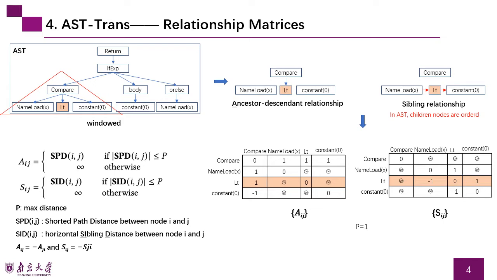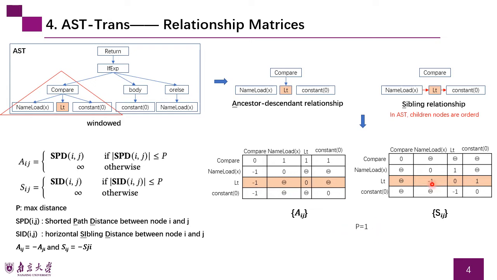P is a predefined threshold, and nodes with distance beyond P will be ignored, as we think that far relationships beyond a certain range are not useful. For example, the sibling distance between the node named x and a constant 0 is 2, which is beyond the max distance P, which equals 1.